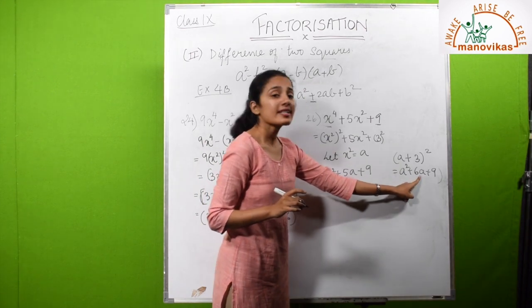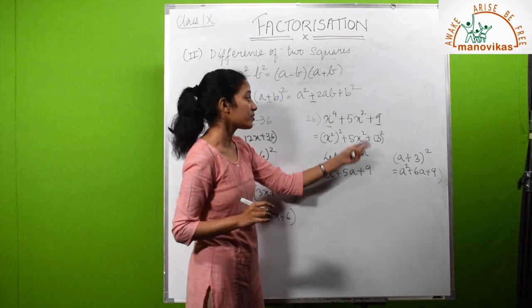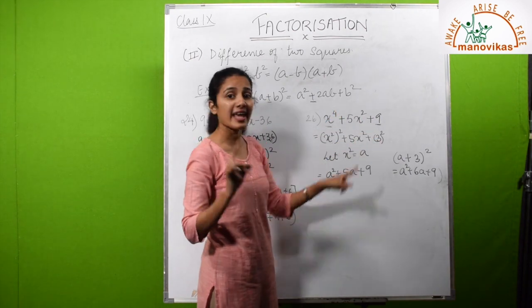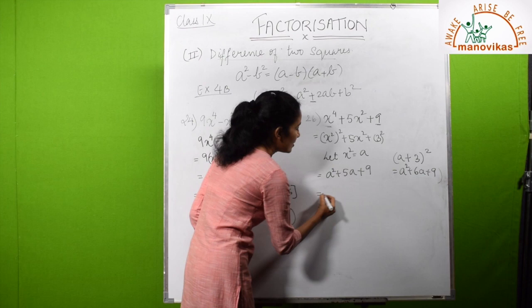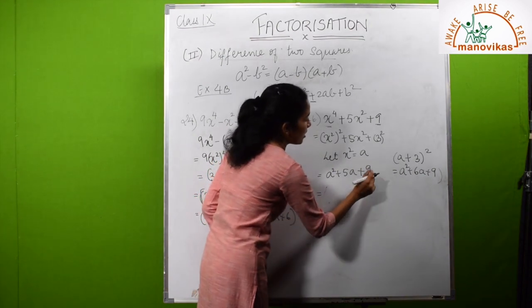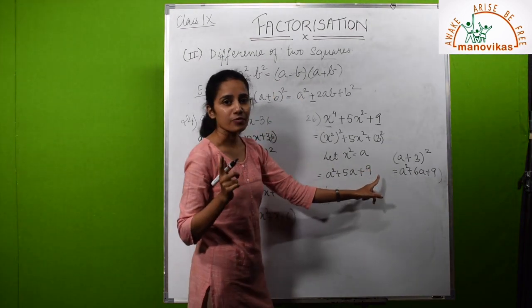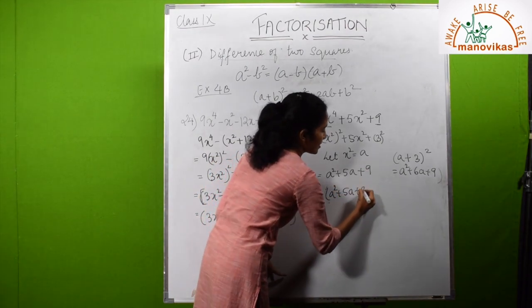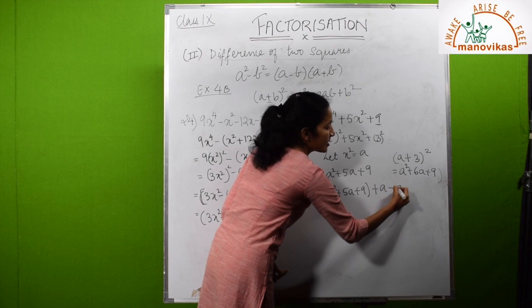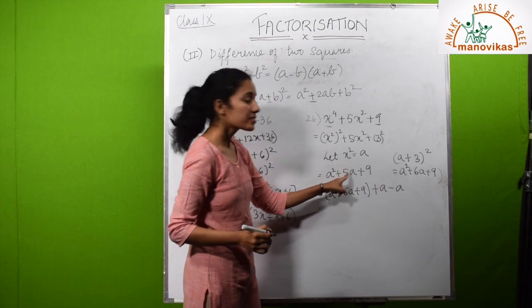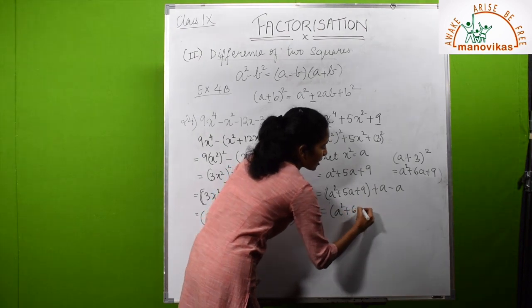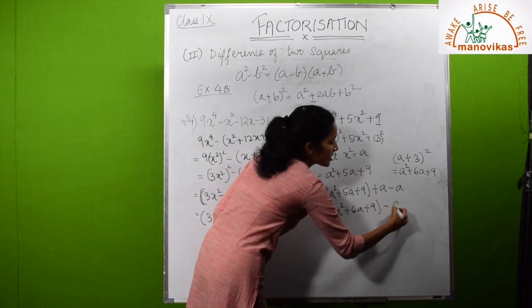So in these types of problems, when there are 3 terms and the highest power is 4 with the x term missing, we will add an a and subtract an a. So I have a square plus 5a plus 9. I add a and subtract a so that it becomes 6 here. So taking the positive one inside, I have a square plus 6a plus 9 minus a.